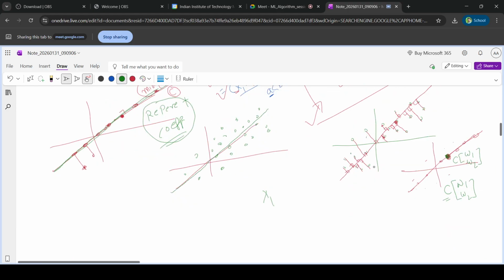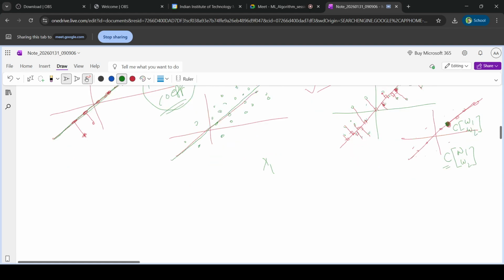C is here x1 W1 plus x2 W2, divided by W1 square plus W2 square. Okay, so this is C.